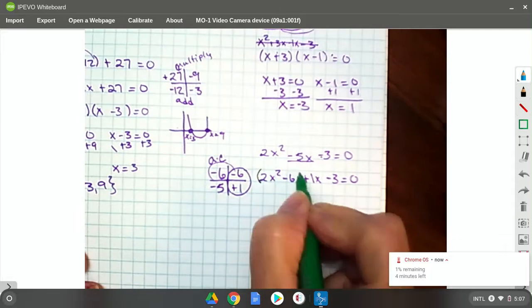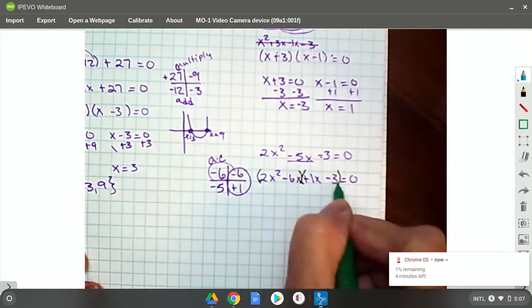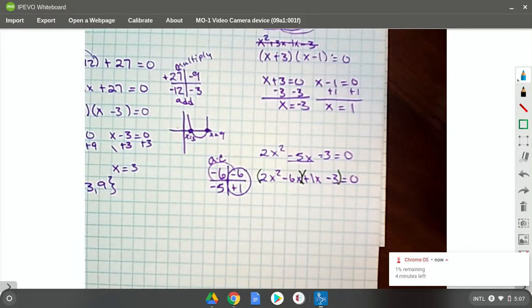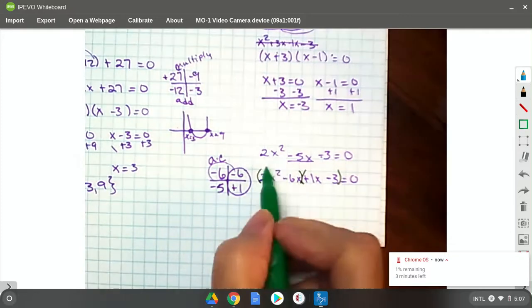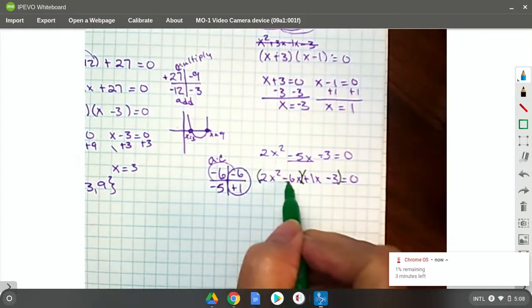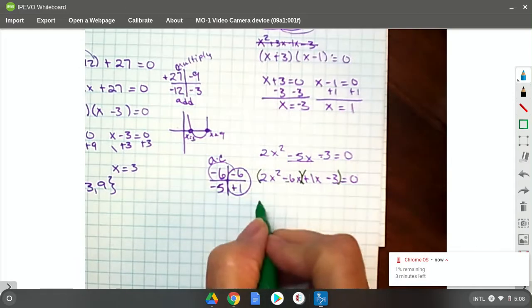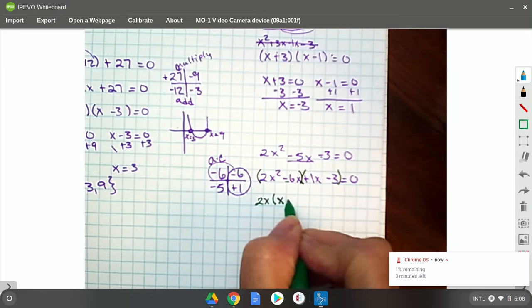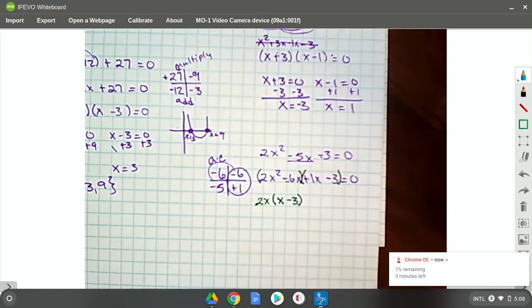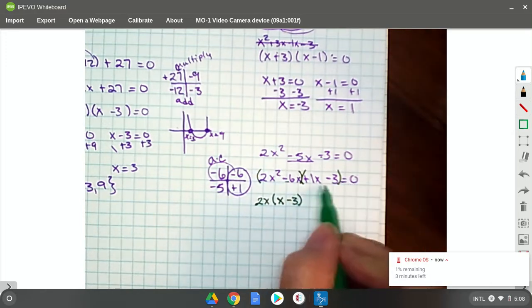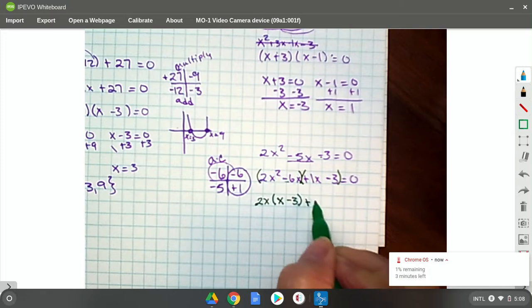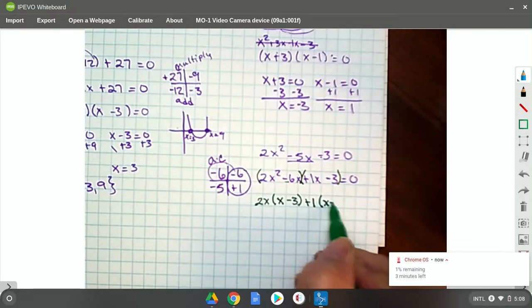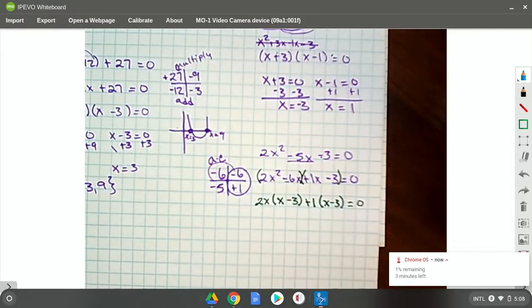So I'm going to say, now, common factor for 2x squared minus 6x is going to be a 2x. And that's going to leave me with x minus 3. I already have an x minus 3 over here, so I'm going to just pull out a 1 because I don't want anything inside here to change. X minus 3 equals 0.